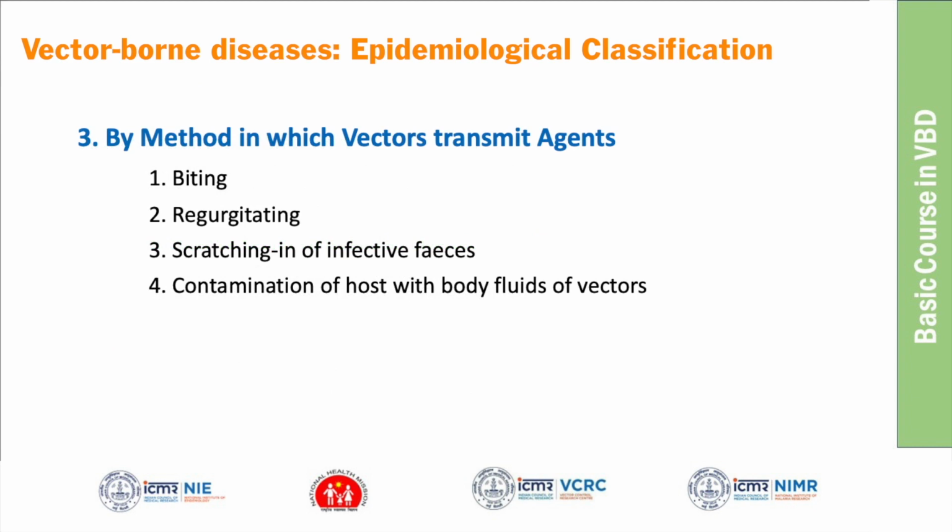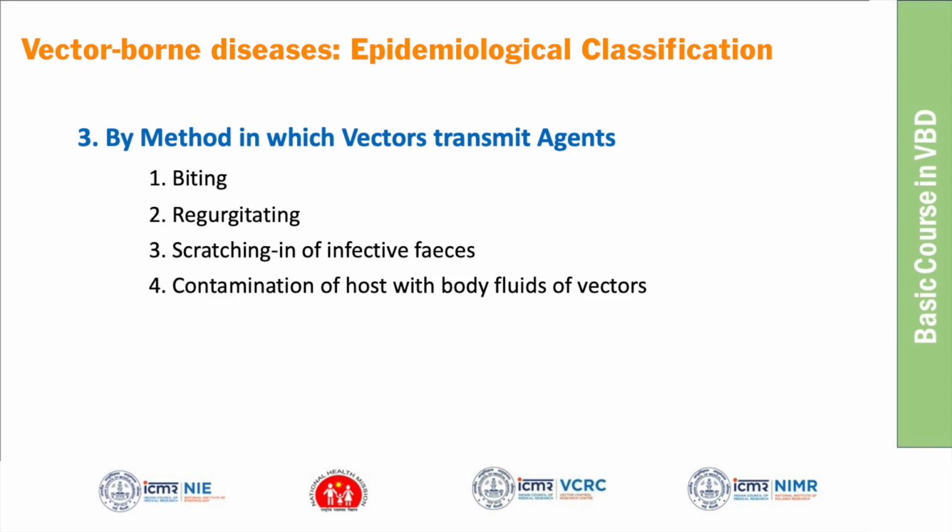Now, there is another classification by the method in which the vectors transmit agents. Number 1, by biting. Number 2, by regurgitating. Number 3, by scratching in of infective feces.